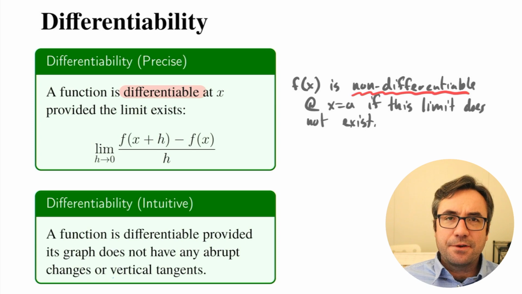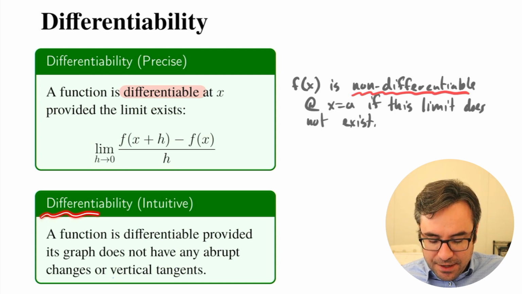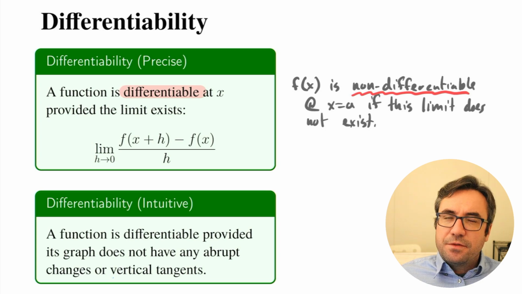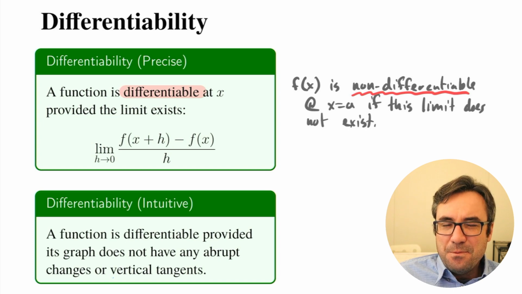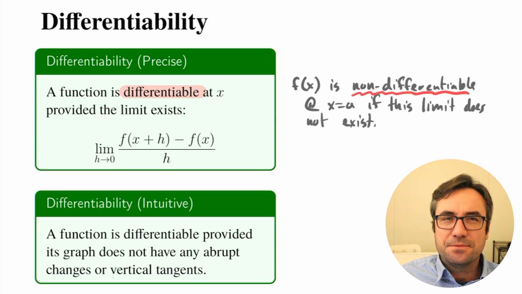All right, so graphically, what would that look like? That's what we're going to investigate over the first example here. The intuitive graphical idea is that differentiability gives us a way to measure the smoothness of our curve.